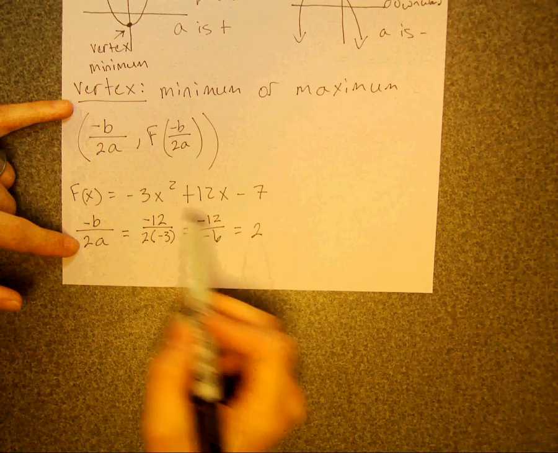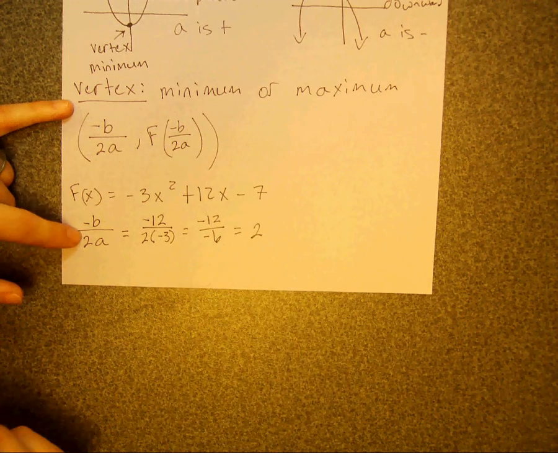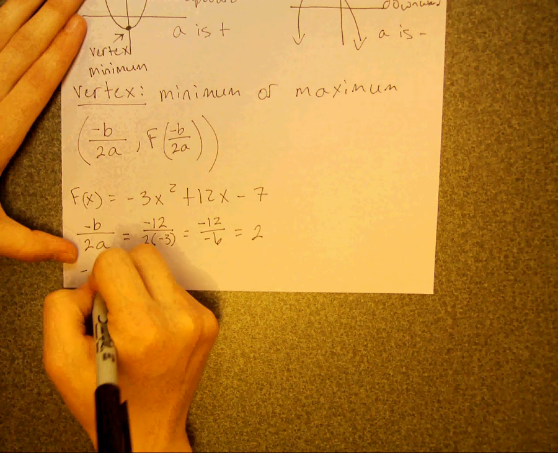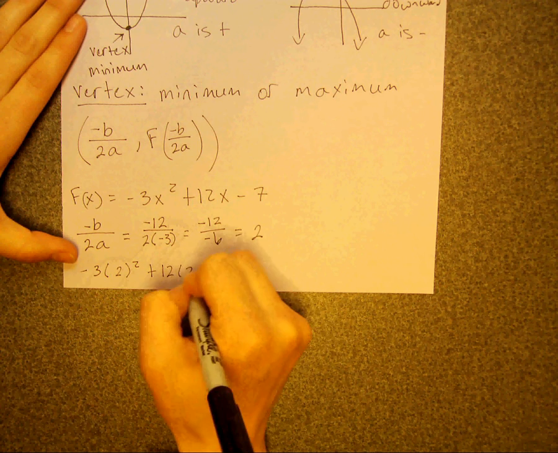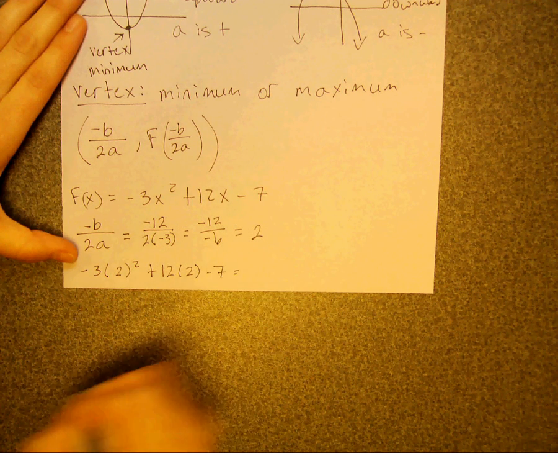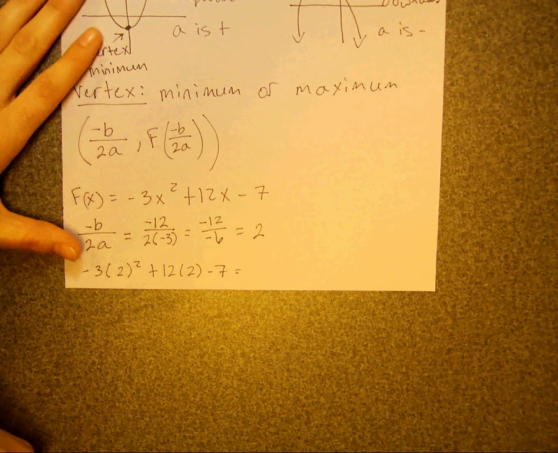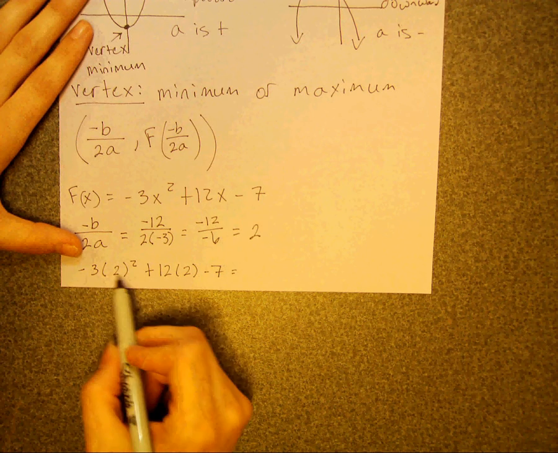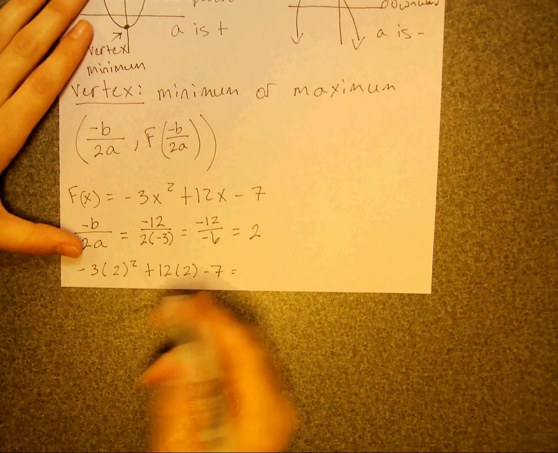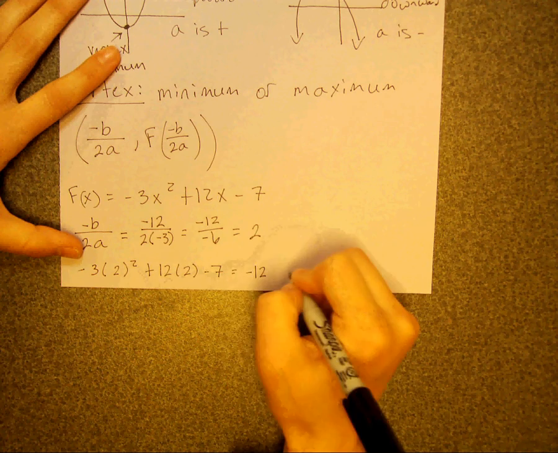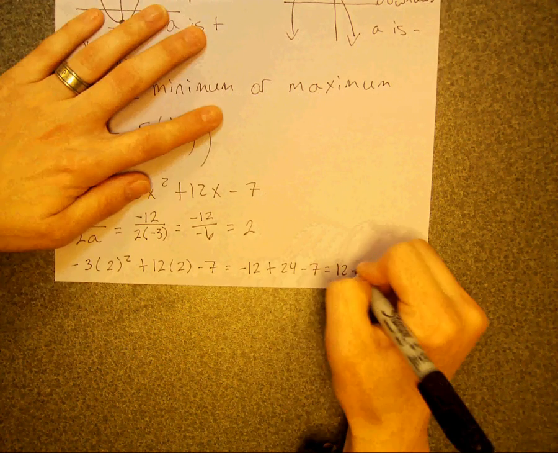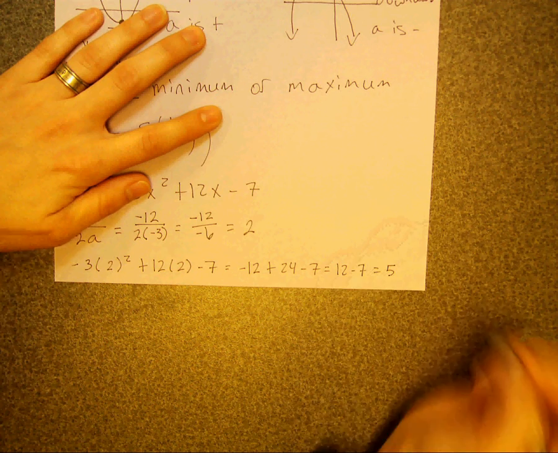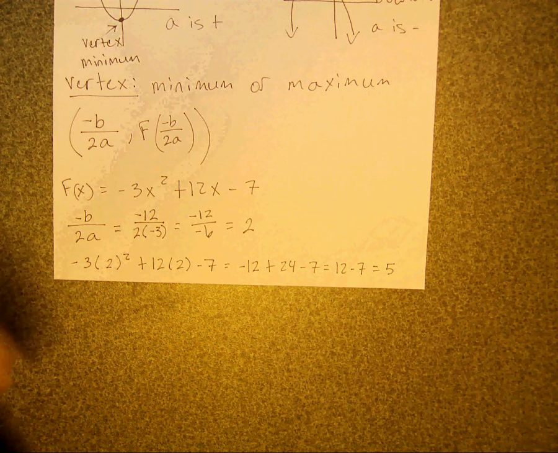Now, to get the y value, I'm just going to take the 2 and plug it back into my equation. So I'll have negative 3 times 2 squared plus 12 times 2 minus 7. And you could just plug that in your calculator. But negative 3 times 2 squared gives me negative 12 plus 24 minus 7. So I get 12 minus 7, which is equal to 5.